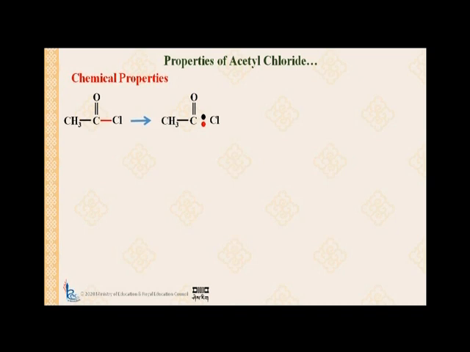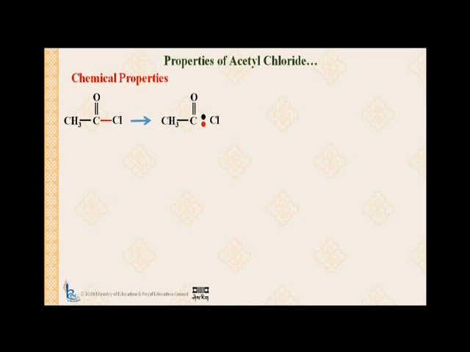Now, in our previous classes, we have learned that the shared pair of electrons may remain exactly in the middle, or move towards carbon, or slightly move towards chlorine, depending upon the electronegativity of those atoms.